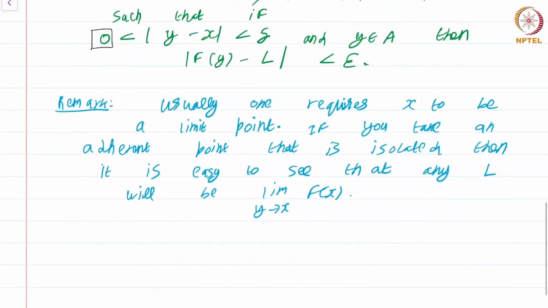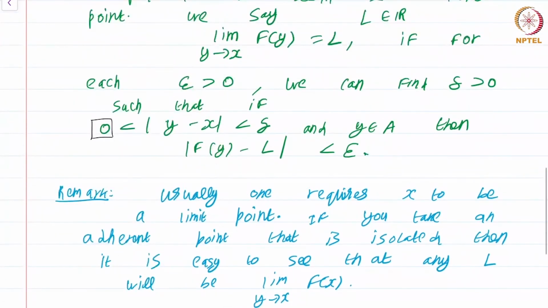Well, just think about what is happening. If you take an isolated point of the set A, that means nearby there are no points of the set A. That is, there is some neighborhood of this point which is not an element of the set A. That means in this definition, when you say we can find delta greater than 0 such that if 0 less than mod y minus x less than delta and y in A, there is no such candidate point y in A. Therefore, this definition will be vacuously satisfied for any L. Okay, so we will also do the same.